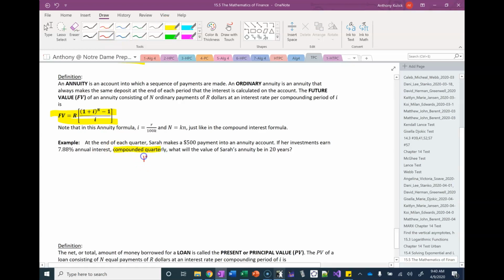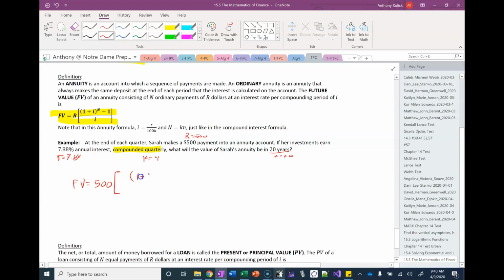So again here we have K equals 4, our R is 7.88, and our cap R is 500. What will the value of Sarah's annuity be in 20 years? So n equals 20. We're looking for the future value. So we said R is 500.